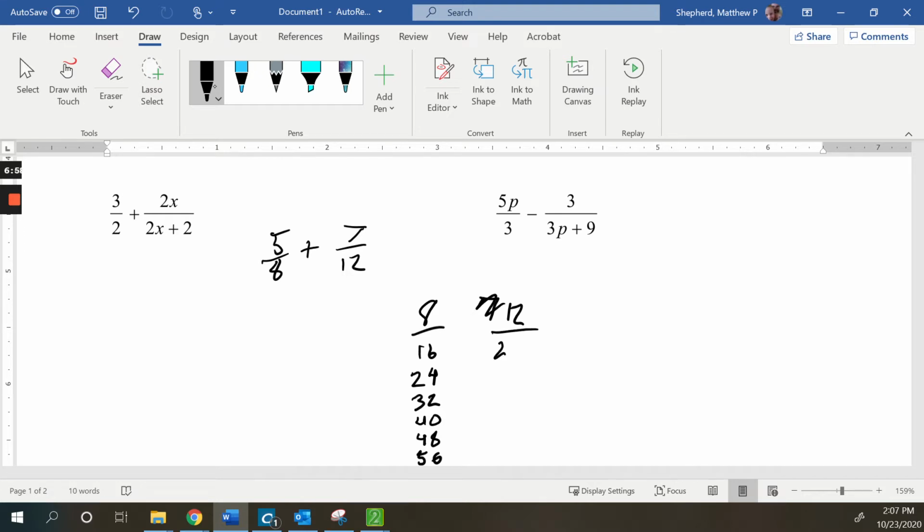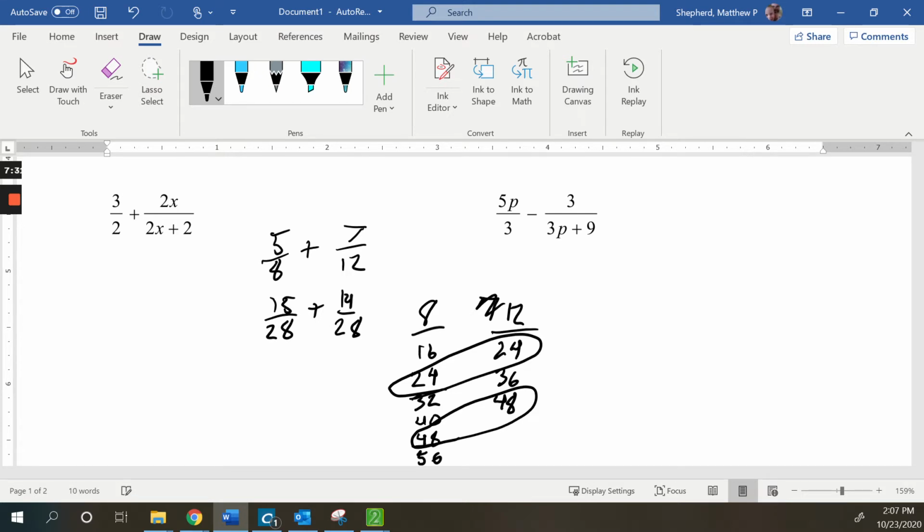We'd have 12, 24, 36, 48. And while we do have a common multiple, we do want to go for the least common multiple. So I could multiply all of the 7/12 by a 2, and I'd just get 14/28ths. And the 5/8 by, looks like a 3, and we'd get 15/28ths. And now I can add those.